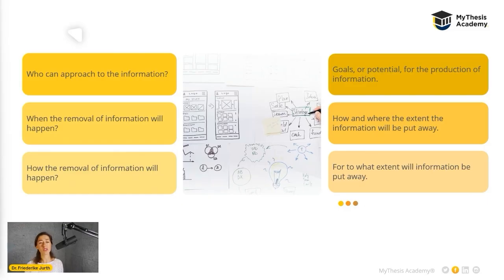Then you also should define the goals and the potential for the production of information, and how and where the information will be put away. Last but not least, you also should add a sentence on to what extent information will be put away.